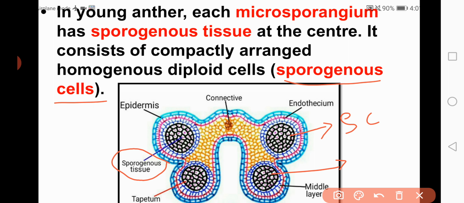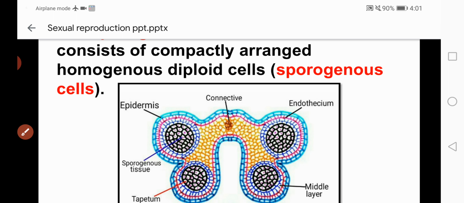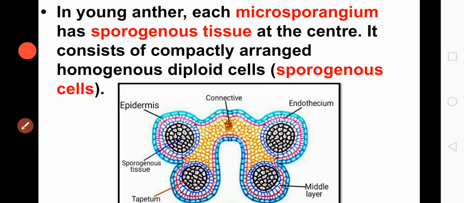Remember, always this sporogenous cell is diploid in nature. Is that clear? So this is about the structure of microsporangium. Clear? Okay, move on to the next slide.